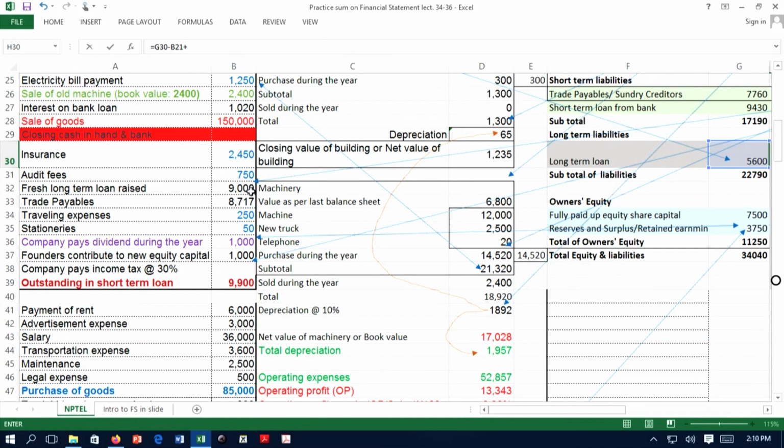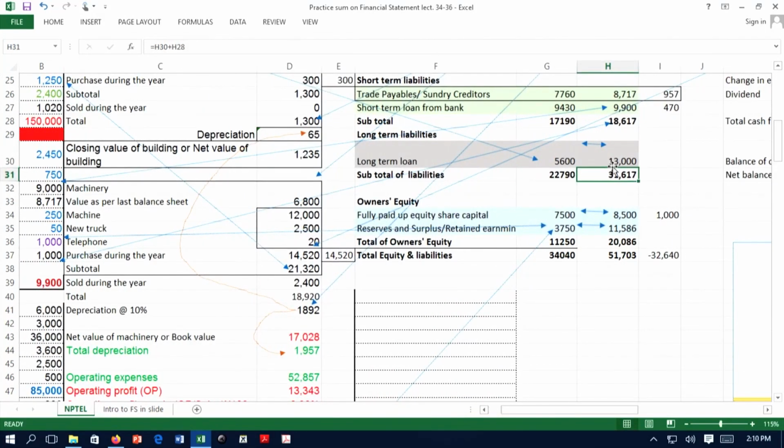Fresh long term loan raised is 9,000. So, this should be the total loan outstanding, 13,000.